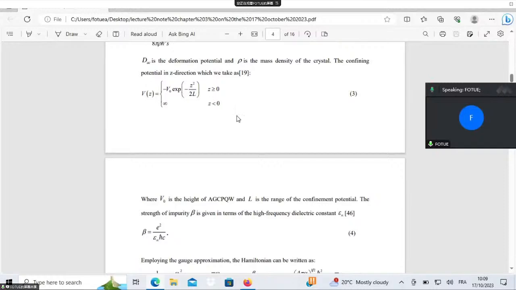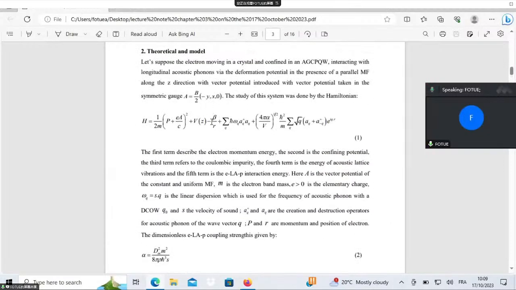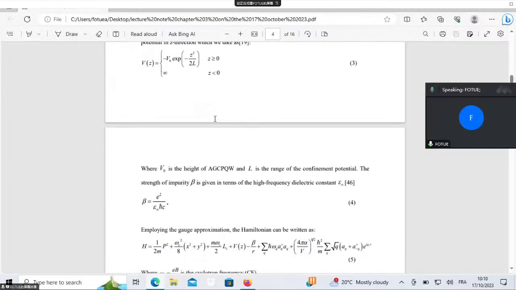So as I said before, the impurity is measured by its strength. This strength of the impurity is given by this beta. It can be expressed in terms of the high frequency dielectric constant epsilon infinity. This expression is given by beta equal to E square over epsilon infinity h bar c.